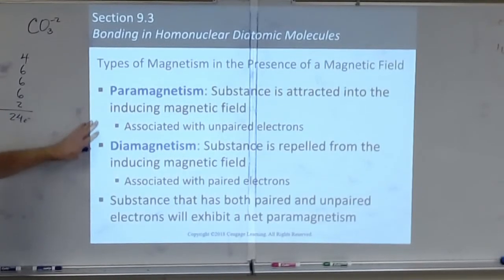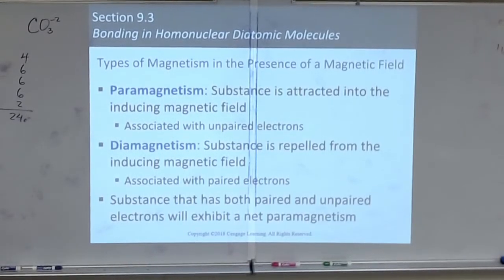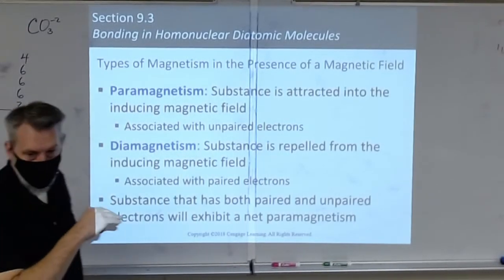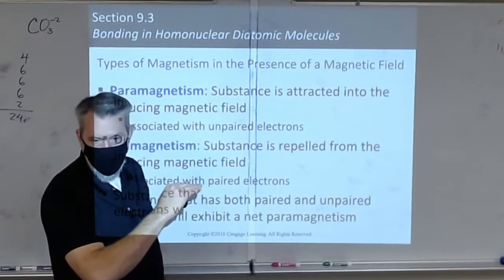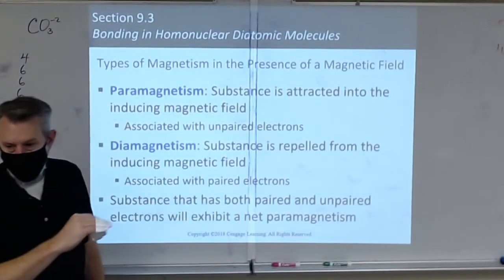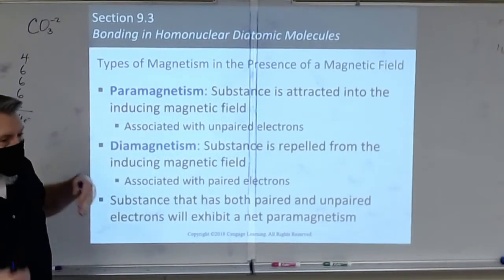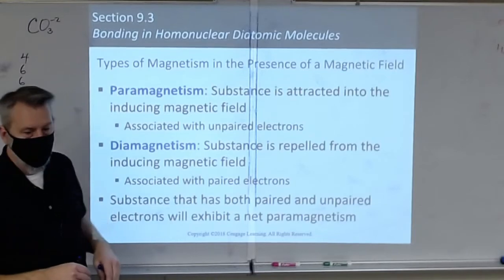I remember seeing an experiment on this where they figured out if water was paramagnetic. Yeah. So you can actually test that by looking for unpaired electrons. If when you draw your orbital diagram, orbital notation, you see unpaired electrons, you know it's going to be paramagnetic. It's going to be attracted to the magnetic field.